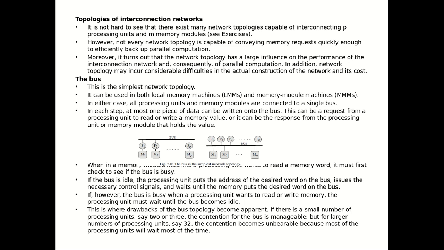Not every network topology is capable of conveying memory requests quickly enough to efficiently back up parallel communication. So we need to see different topologies and decide which is better and which is not. It turns out that network topology has a great influence on the performance of the interconnection network and consequently of parallel communication. In addition, network topology may incur considerable difficulties in the actual construction of the network and its cost. So this was the importance of topology.